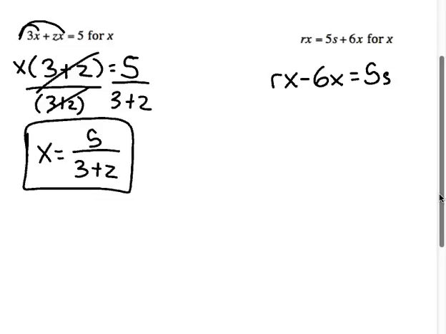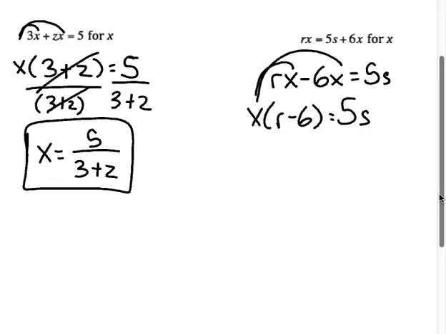Now that my x's are together, once again, I can rip it out. I can pull it out front. So now I only see it represented once.